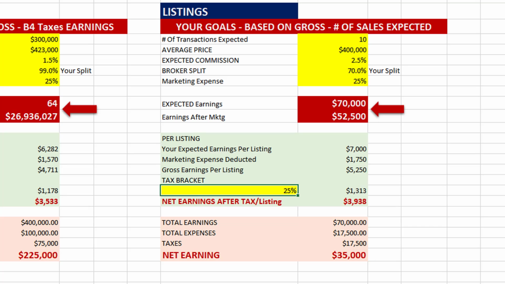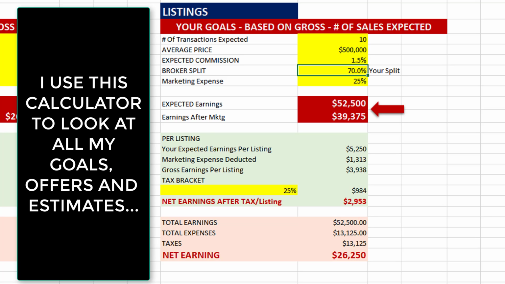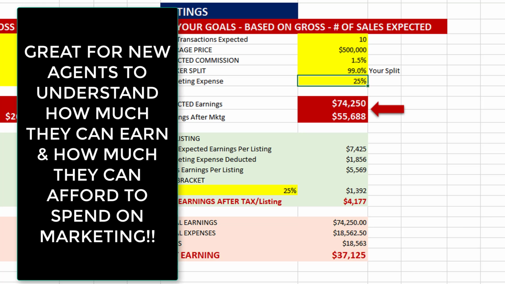So I utilize this to make my plans as far as, you know, if I come in here, for example, and I know that the average price that I'm looking for is at least $500,000, but I'm doing 1.5% offer this month for a special, and my split is 99.1. You can see all of the impacts here, right? How many sales, how much money am I looking to earn?